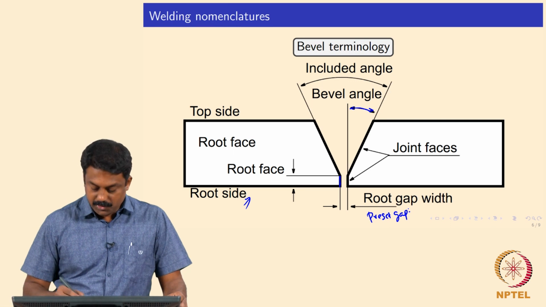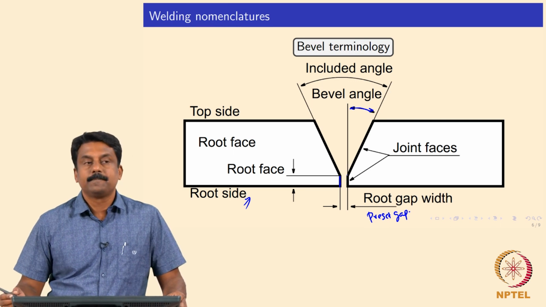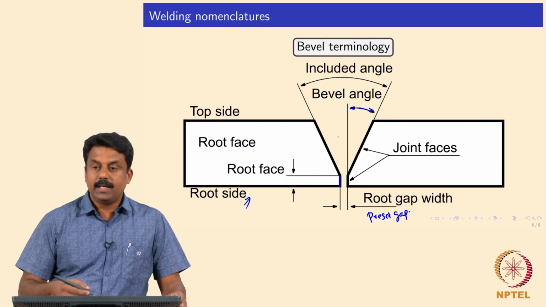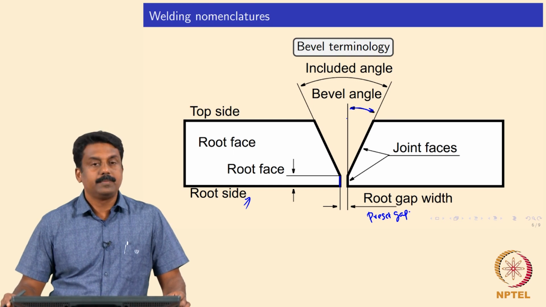These are joint faces, and the root pass fills the root face, and subsequently the additional passes fill the remaining space.